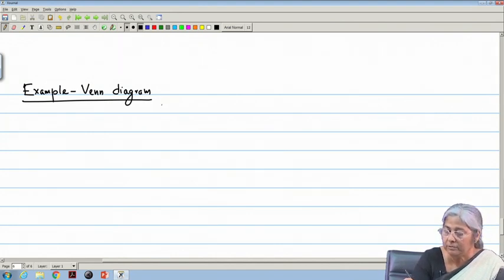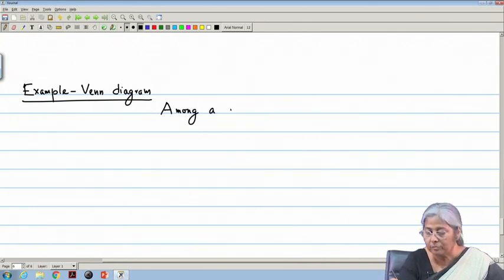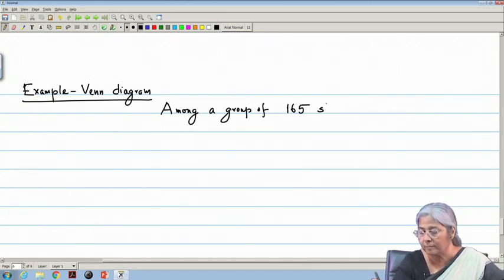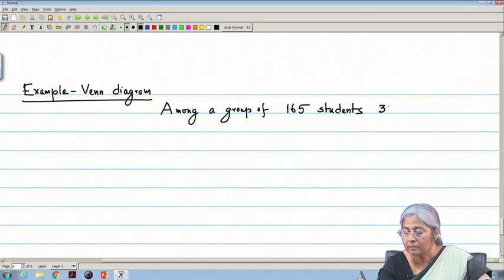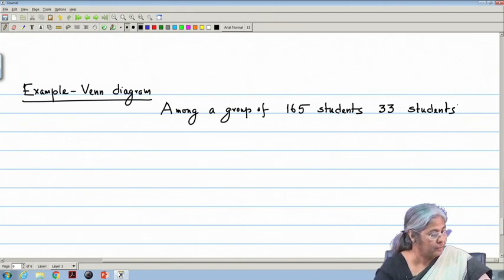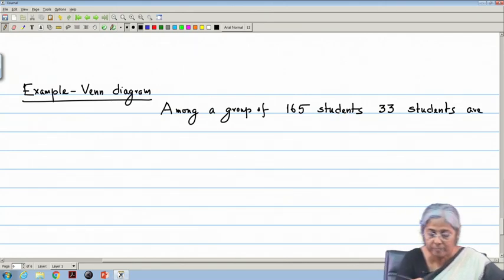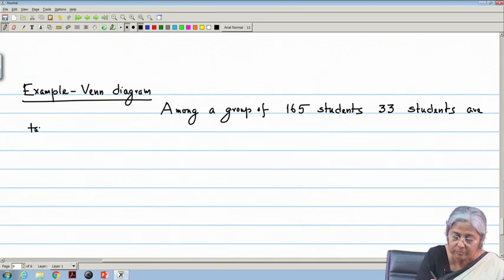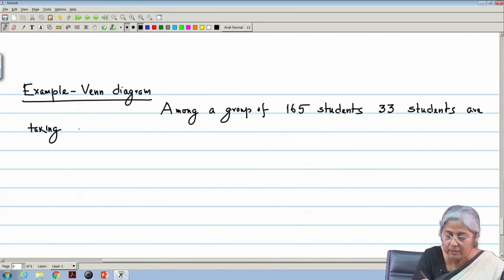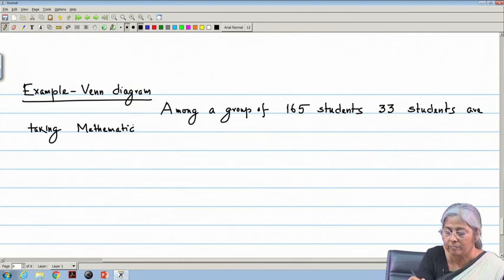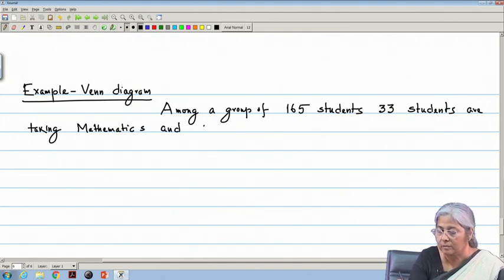We write the problem, say: among a group of 165 students, 33 students are taking mathematics and computer science.